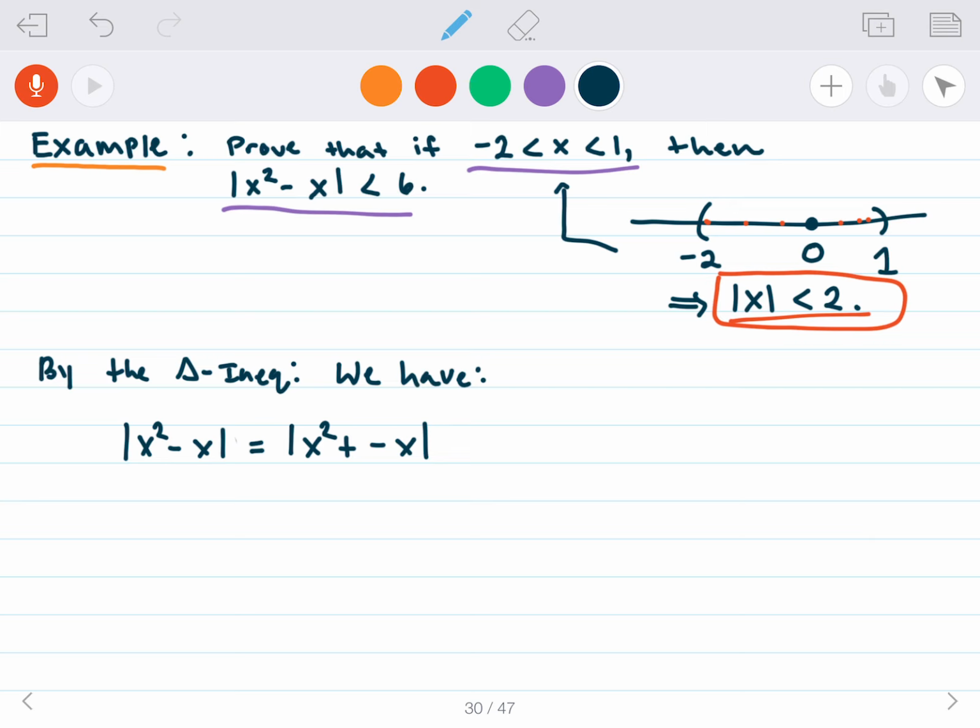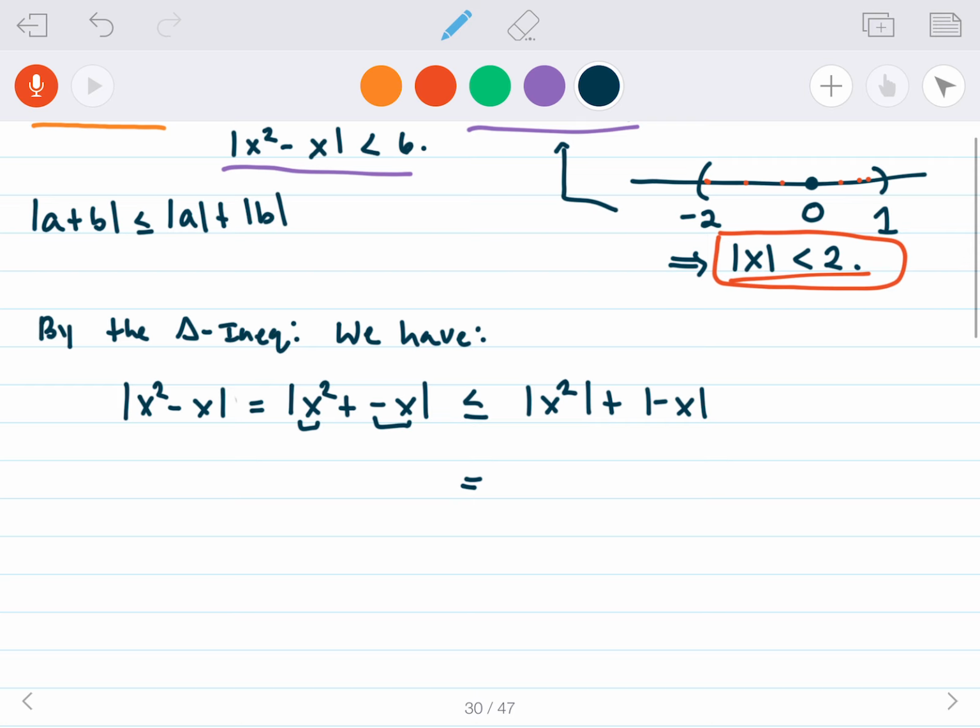Now, triangle inequality says abs a plus b is less than or equal to, I'll write it up here actually, abs a plus abs b. So choosing this as a and this as b, quote unquote, this is going to be less than or equal to abs x squared plus abs negative x.